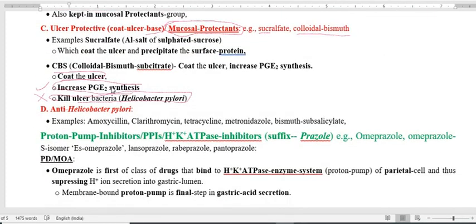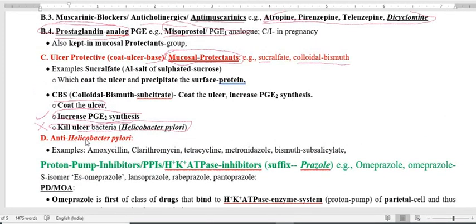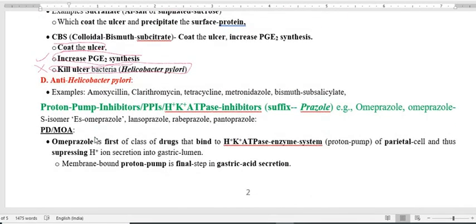So this is about the classification, and under the classification the next and last class of drug is the antimicrobial agent. Antimicrobial agent means the drug which kills the peptic ulcer forming bacteria Helicobacter pylori. These are amoxicillin, clarithromycin, tetracycline, metronidazole, and bismuth subsalicylate.